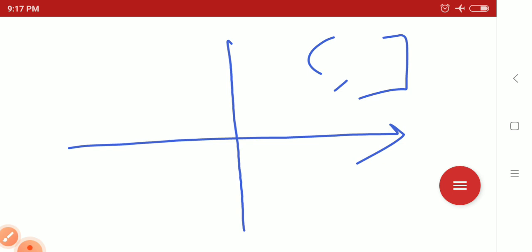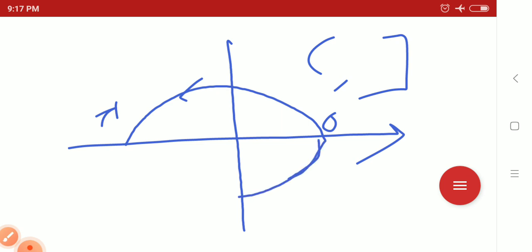Suppose you are at theta equals 0 and you come to this point in the anti-clockwise direction, 0 to pi. Similarly, if you come the other way you reach the same point, but there theta equals minus pi, which is not the same thing. It is actually different.